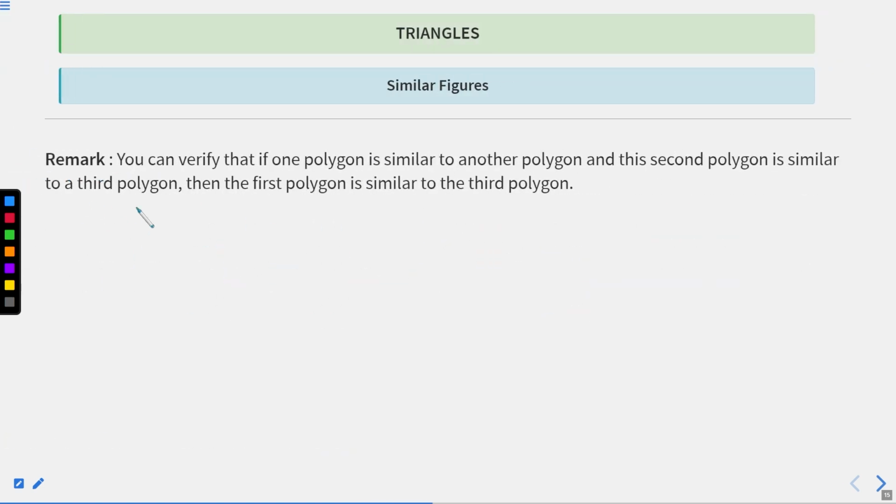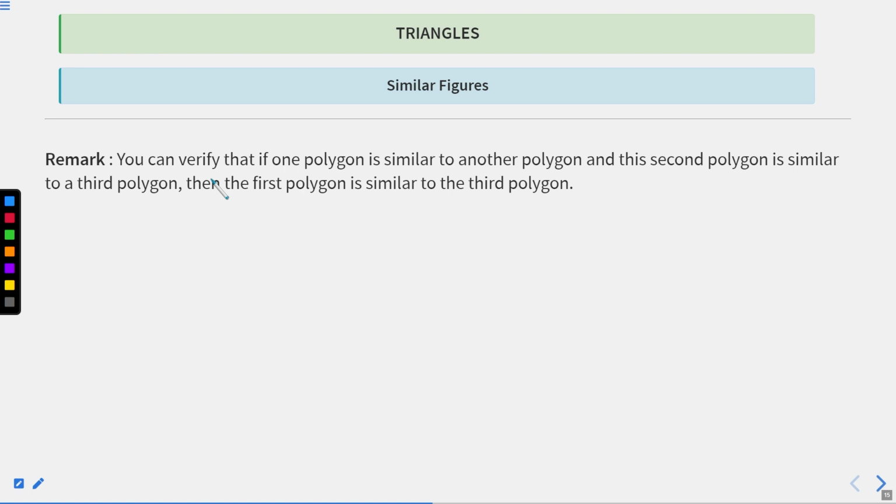Now remember, you can verify that if one polygon is similar to another polygon and the second polygon is similar to a third polygon, then the first polygon is similar to the third polygon. This is also called the transitive property.